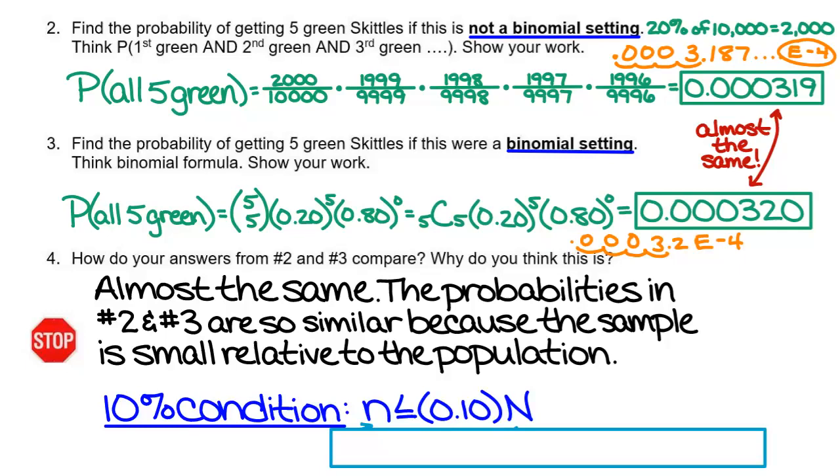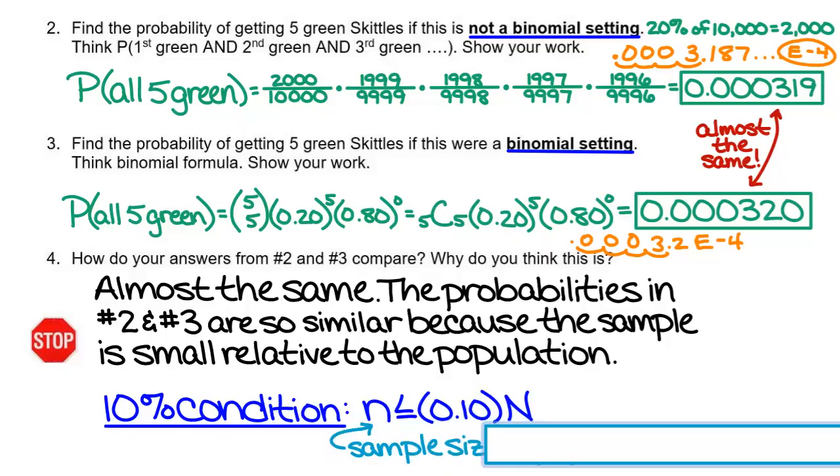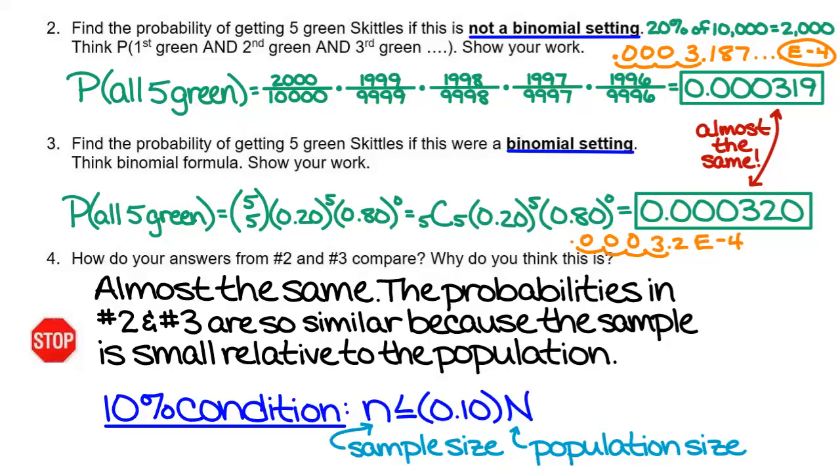We want little n, which is my sample size, to be less than or equal to 10%, or 0.10 times capital N. If little n represents my sample size, what do you think capital N represents? The population. Capital N is my population.